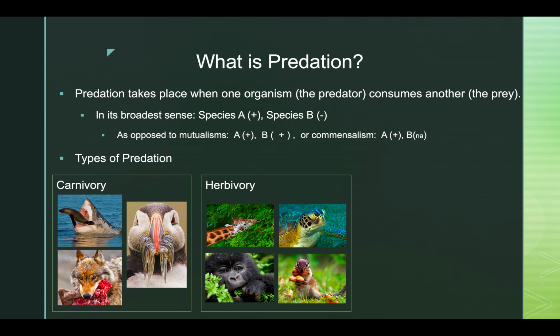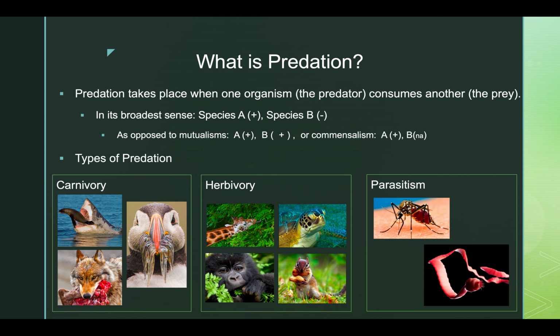It's not totally intuitive, but another type of predation is herbivory. That's when an animal eats a plant, and there are lots of examples of this, like sea turtles eating seagrass or deer eating grass. We don't typically think of herbivores as predators, but that is technically a type of predation because you have one organism consuming another organism.